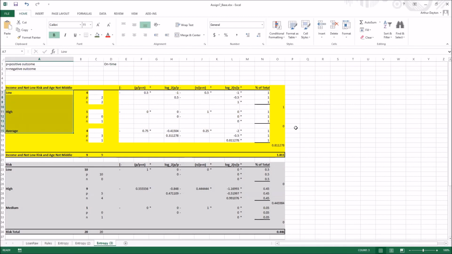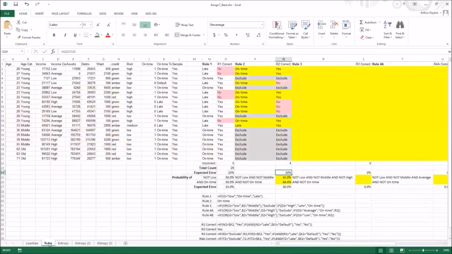So now we're just looking for which one of our income values has the greatest discriminating value. And here we could see that the high has the lowest number of 0. And then we have our same criterion happening again where we have an absolute value. So we're saying for our third rule, if risk is not equal to low and age is not equal to middle and income is not equal to high, then we would predict the negative outcome of not having an on-time.